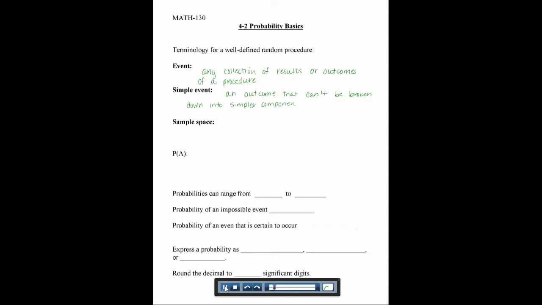So for example, before I said, if we were rolling a dice, rolling a 5 would be a simple event. You can't break that down. However, if we say something like rolling a 3 or a 5, those are not simple events because we could break it down into either rolling a 3, so that would be one simple event, or rolling a 5 would be another simple event.